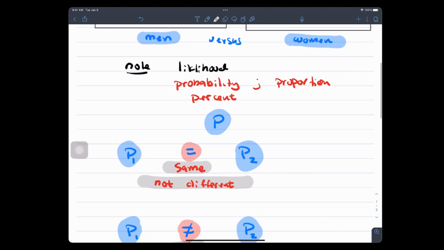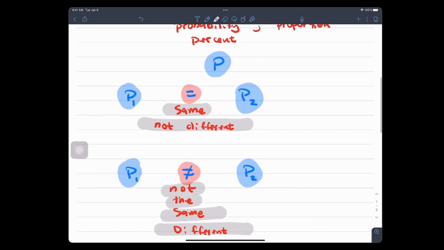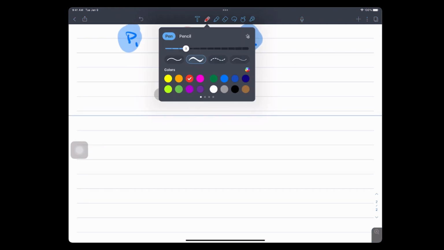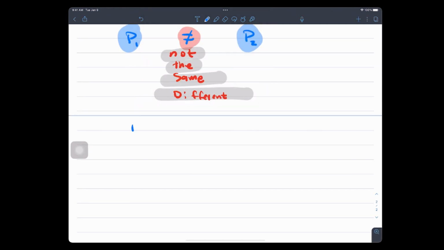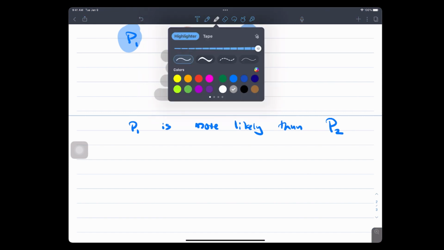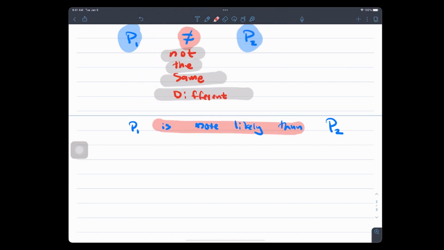But now that I got your attention and you care about comparing two proportions, let me give you another phrase. P1 is more likely than P2. Proportions, probabilities.